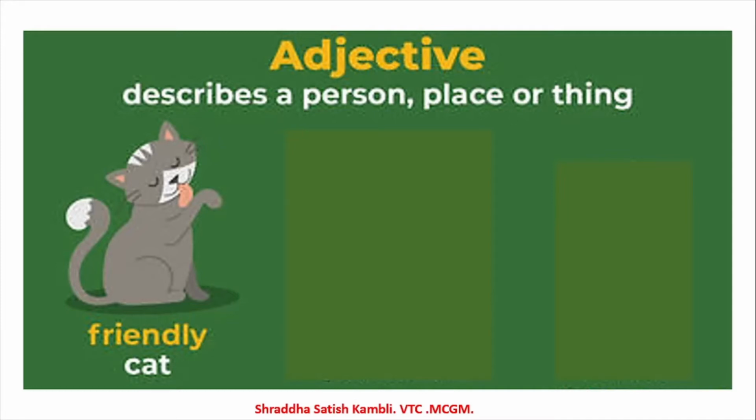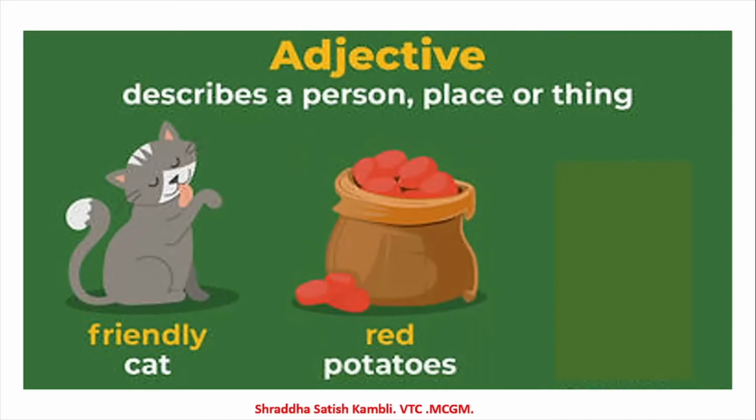Let us take one more example here. So you have red potatoes. Now potatoes are vegetables, and sometimes certain potatoes could be pale yellow in color. Then there are certain potatoes which are dark brown in color. But in this particular picture, the potatoes are red in color.